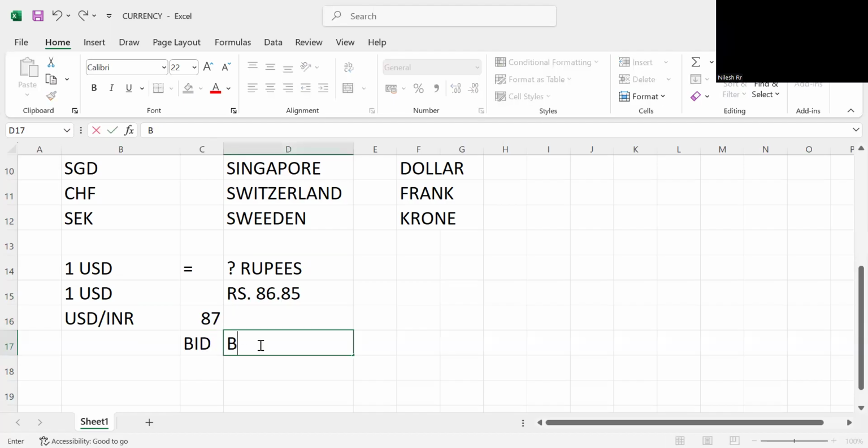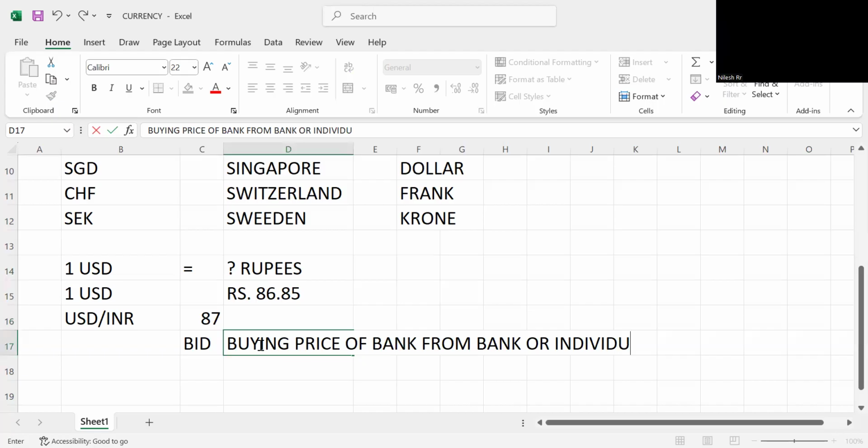Bid is the buying price of the bank from anyone. It can be bank to bank, or an individual, or a company.